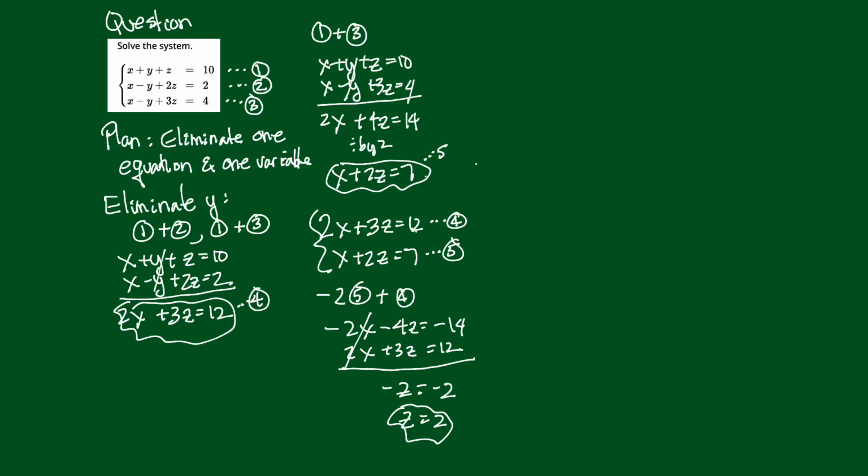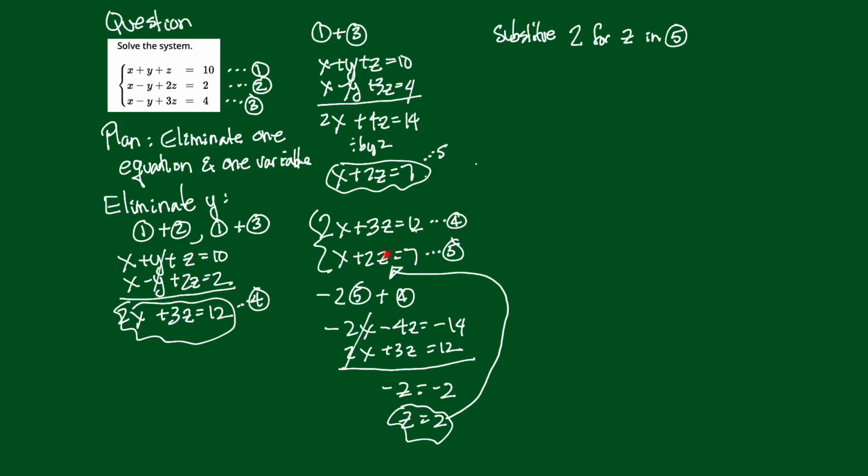Well, now I've got z. So why don't we just put z back into one of these equations up here? You can put it right back here, no problem, but put it back into a system where you just have x and z. So now I'm going to put z into equation 5. I'm going to substitute 2 for z in equation 5.